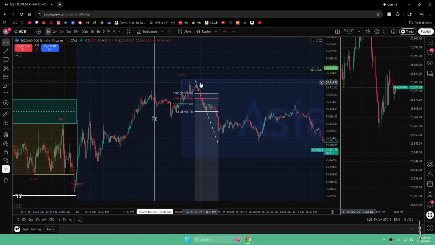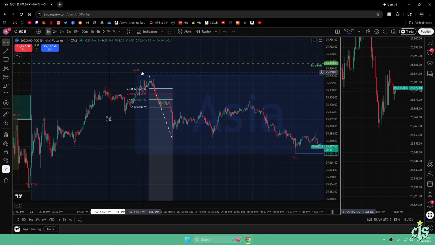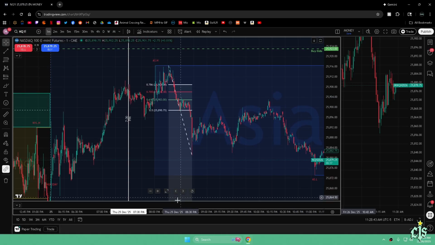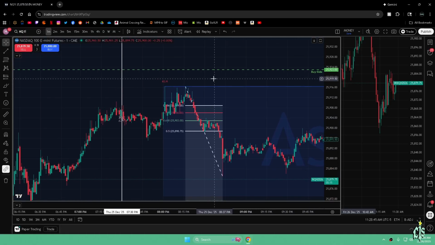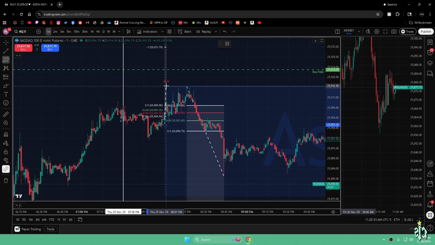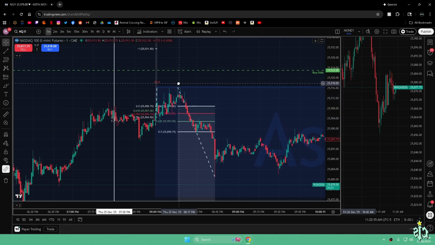Then we had a little push up. We probably took 1 minute highs over here, but more than likely, this is generating liquidity, right? Because we have our market open right here with a huge wick. So technically, this is our manipulation, right?